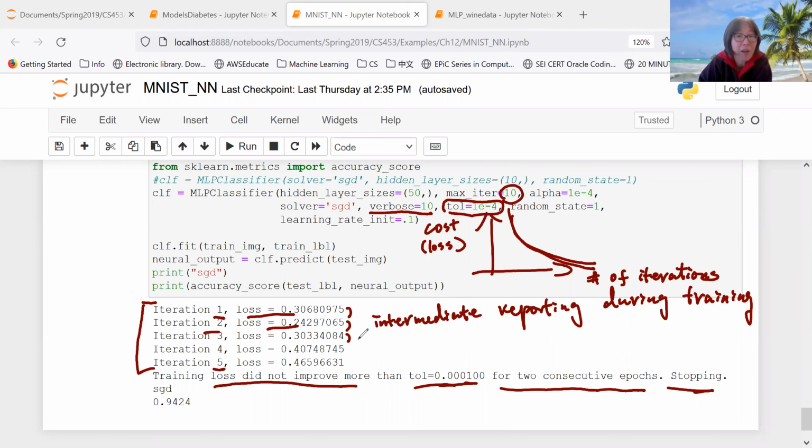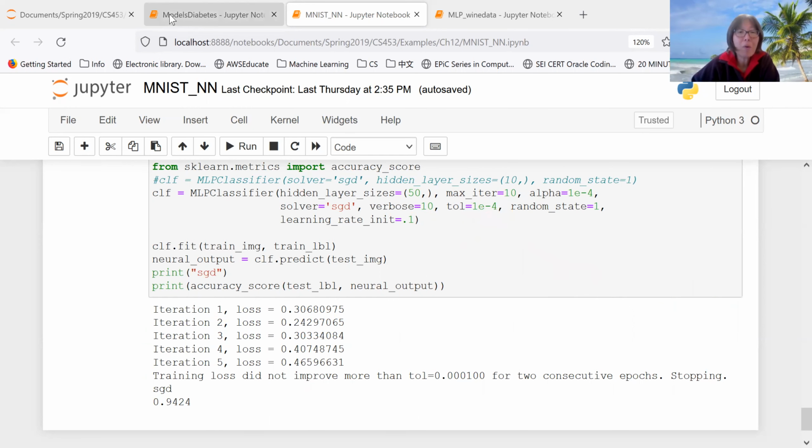We also have this offset calculated between the losses, so if it's even less than this tolerance, then you can stop. And the accuracy score is quite good, above 90%. So that's regarding this example.